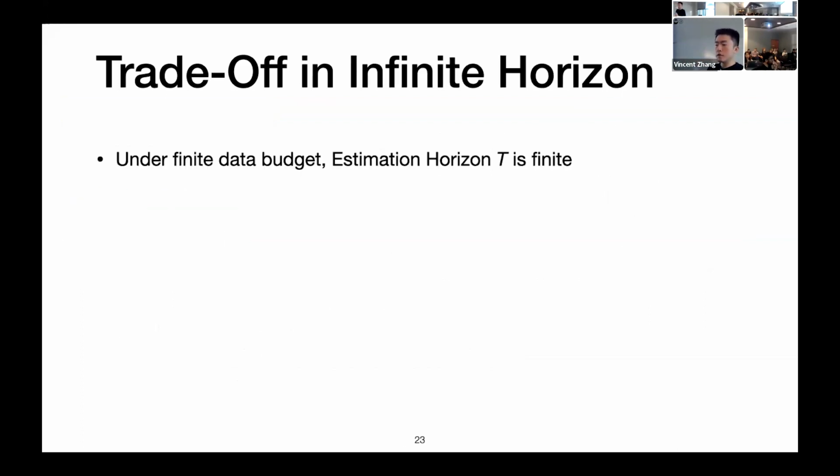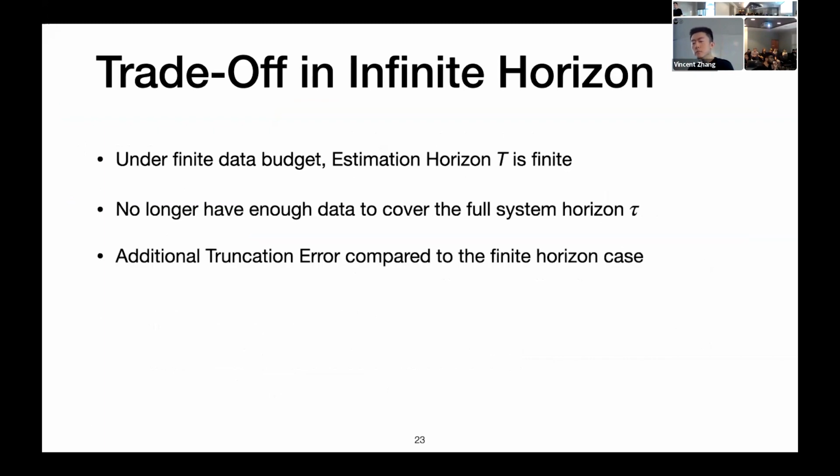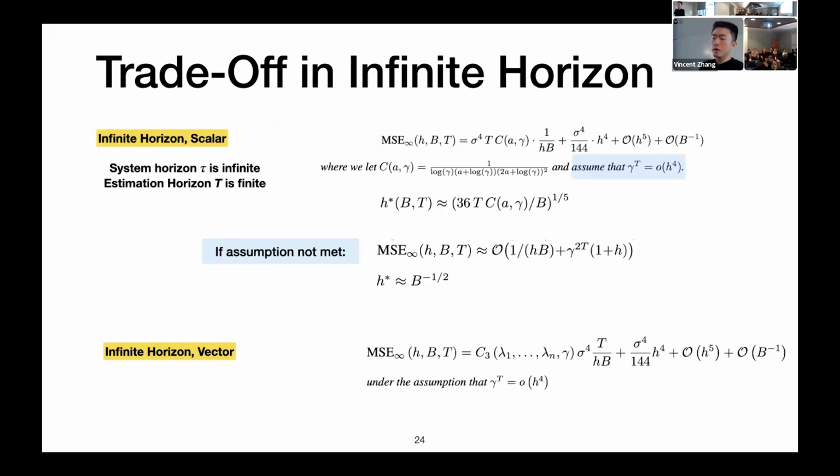Now we move on to the infinite horizon setting. Now we still have finite data, so the estimation horizon T is finite. But it's not enough to cover the full system horizon tau, which is now infinite. So we now suffer an additional truncation error on the part that we cannot cover with data.